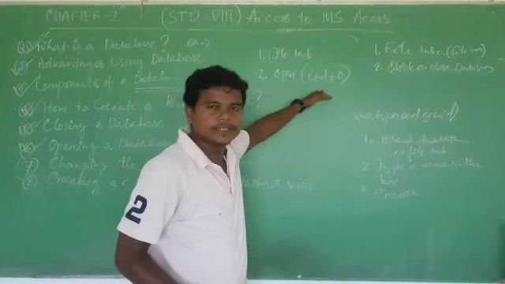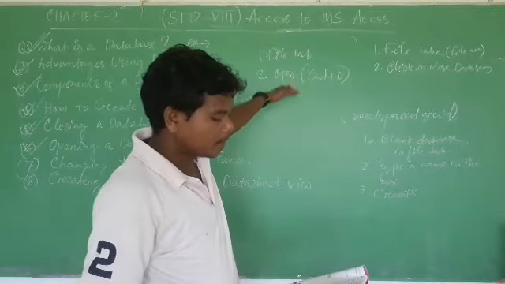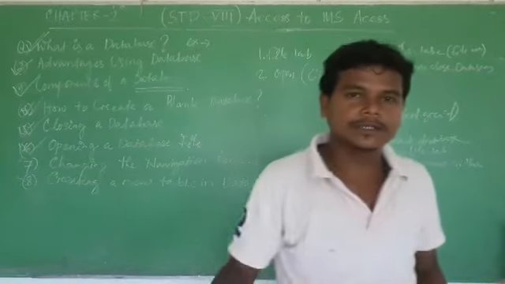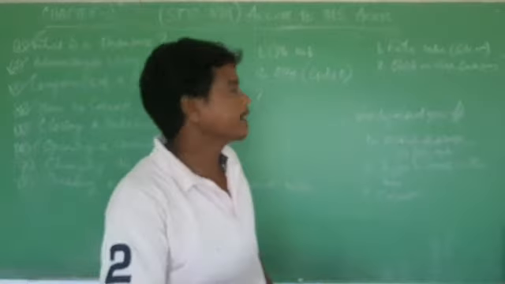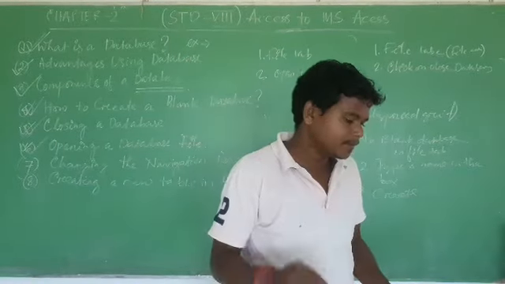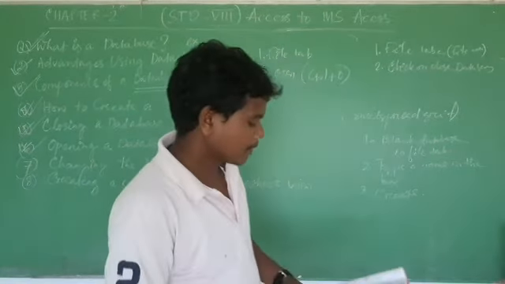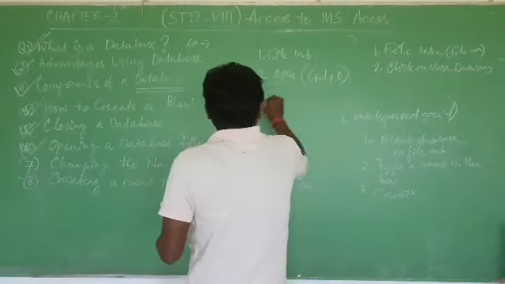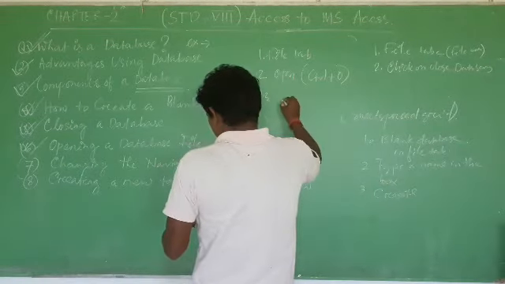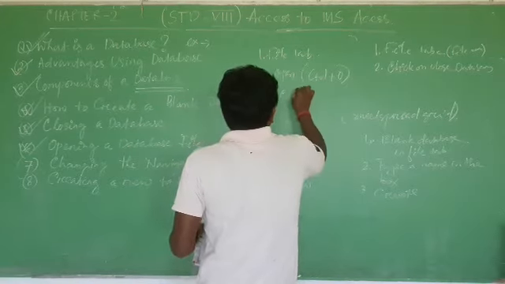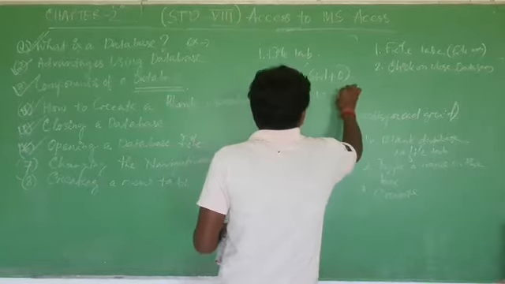Point number 2, that opens a dialog box. Dialog box will appear. Then click here to navigate to the different locations. यहाँ पे आपको navigate करना है कौन सा लोकेशन में आप ओपनिंग करना चाहते हैं। And click on the name of the file. Click to navigate.